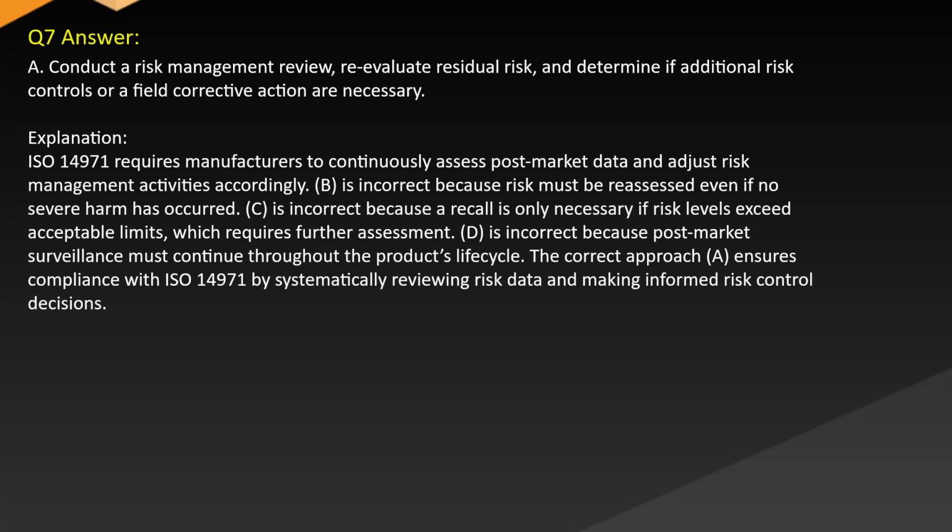C is incorrect because a recall is necessary if risk levels exceed acceptable limits, which requires further assessment. D is incorrect because post-market surveillance must continue throughout the product's lifecycle. The correct approach A ensures compliance with ISO 14971 by systematically reviewing risk data and making informed risk control decisions.